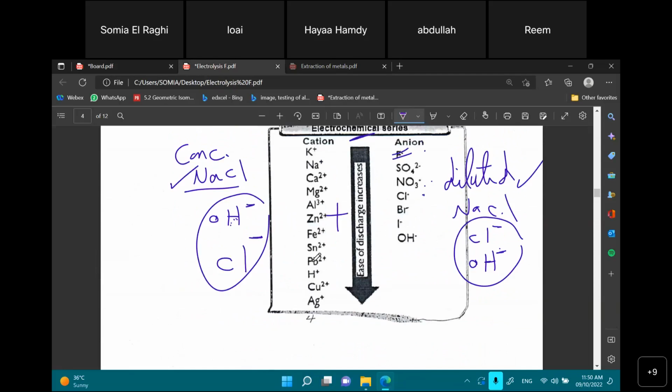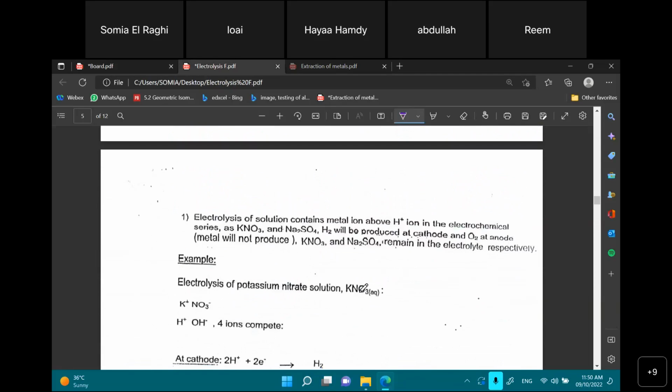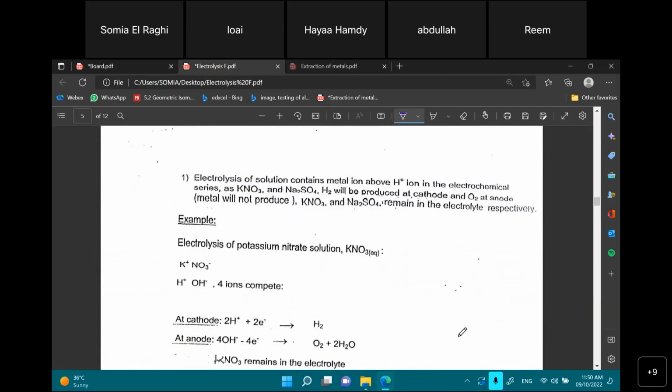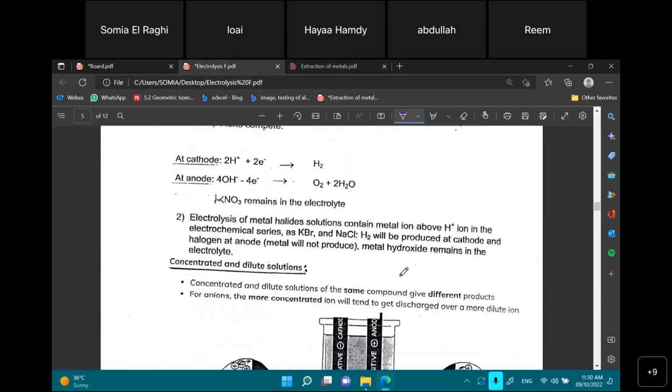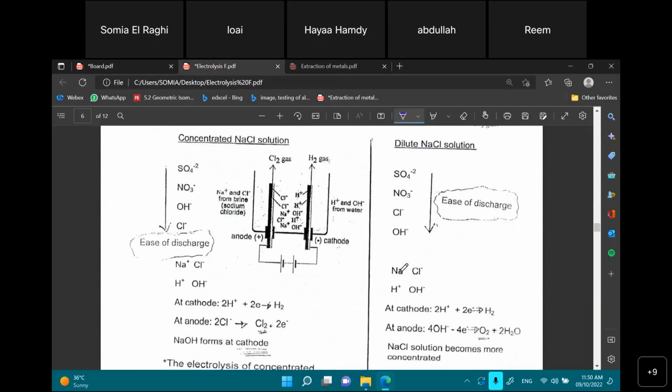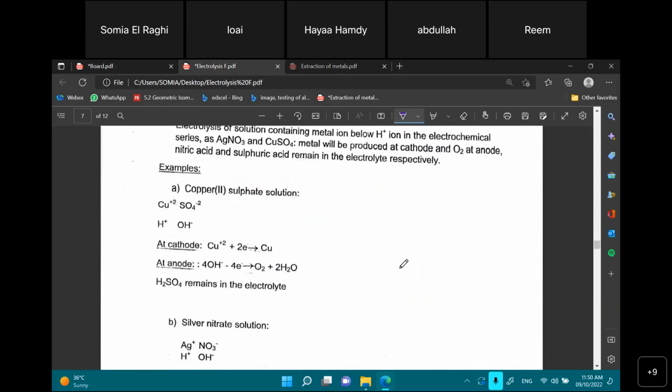So because of this electrochemistry series, when we do electrolysis for copper sulfate, important question: copper 2 sulfate, I get copper, oxygen, and sulfuric acid remains.